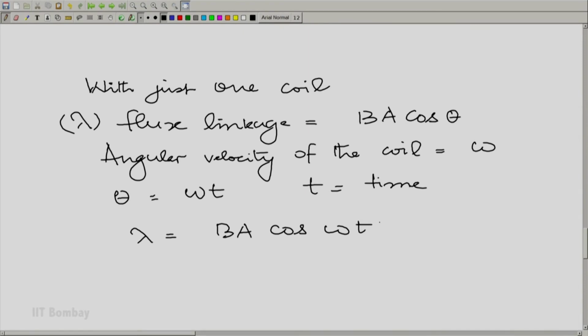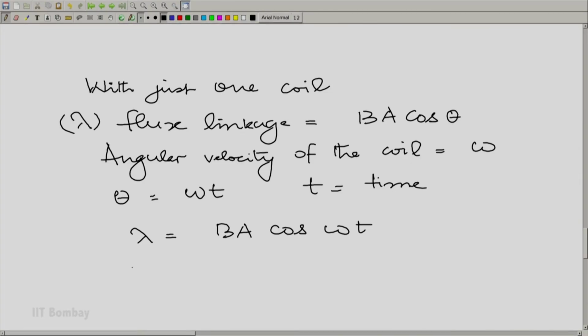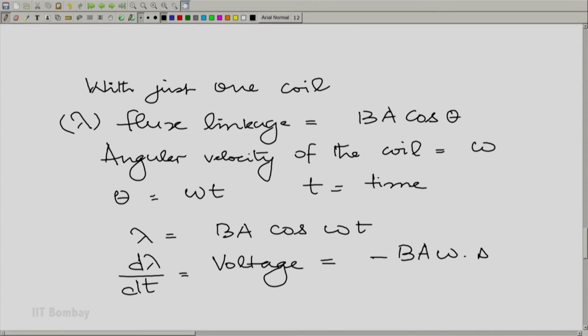Now, one could use this rotation of the coil in the magnetic field by the principle of electromagnetic induction to generate a voltage across two ends of the coil which we can tap. That is the principle of generation of the voltage supply that we receive in our residences. So, what would that be then? You would have d lambda dt, which is the voltage generated as a consequence of electromagnetic induction, is minus BA omega sin omega t.